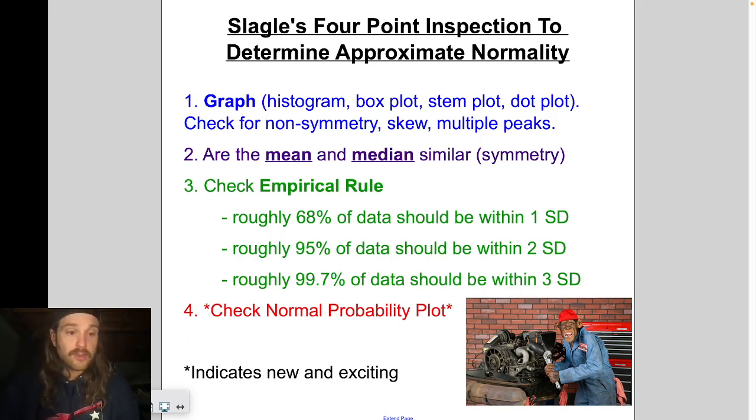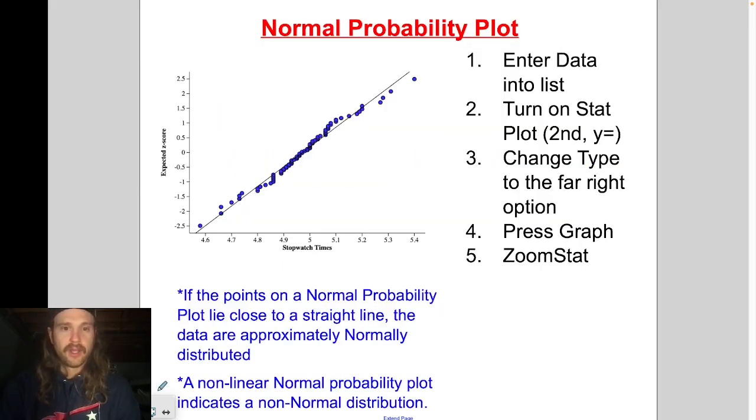Okay, so now let's move on to check number 4. We have our graph, we have checking the mean and median for symmetry, checking the empirical rule to make sure that the data is clustered how it should be. And now checking this thing called a normal probability plot. So what's a normal probability plot? Well, a normal probability plot is a very interesting plot.